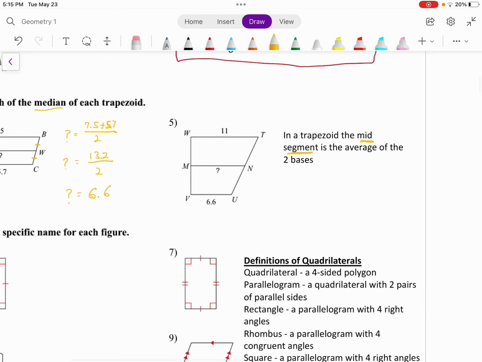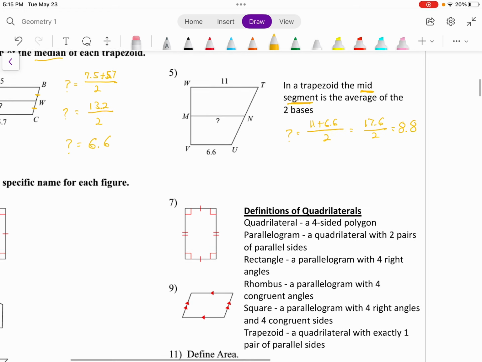Next one's the same idea. We know that the question mark will be the average. So 11 plus 6.6 divided by 2. Well, that's 17.6 divided by 2, which is 8.8. So that's what you do for those questions.